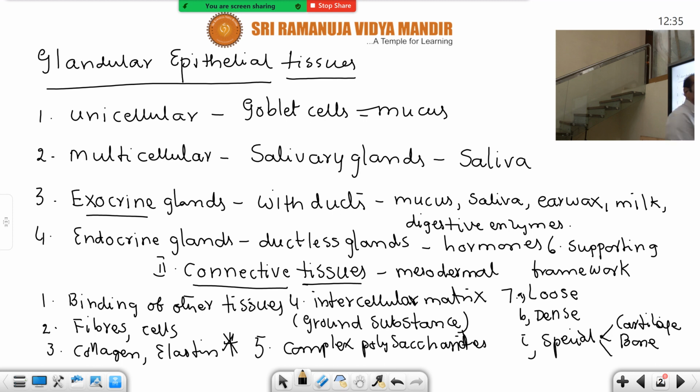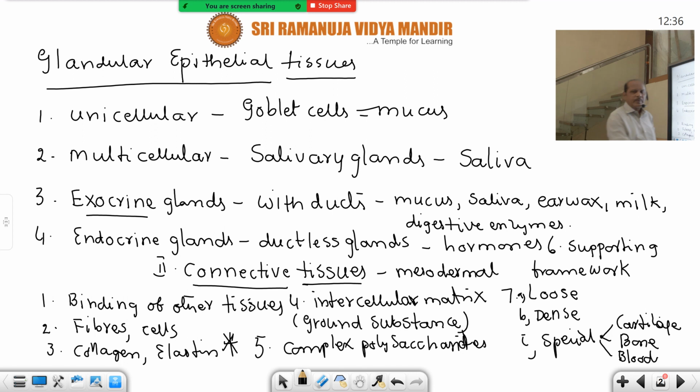Already I asked you to underline it. In the classroom, when we discussed tissues, I asked all of you to underline these specialized connective tissues: cartilage, bone, and blood. These 3 come under the specialized connective tissues.